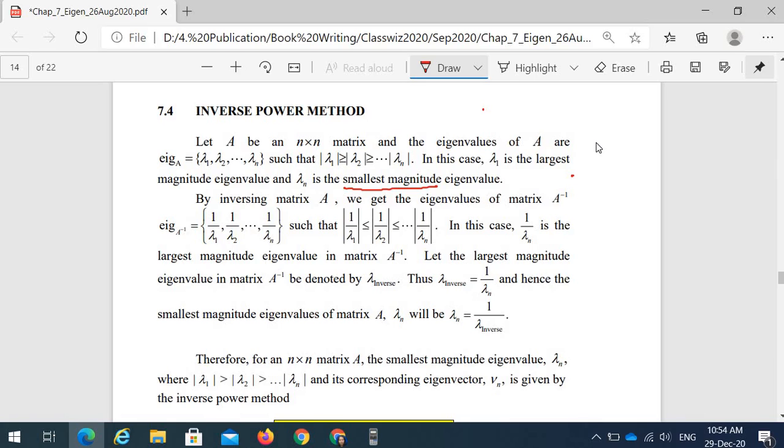Let A be an n by n matrix. If we have n by n, then we have n eigenvalues, labeled lambda 1, lambda 2, up to lambda n, such that the magnitude of lambda 1 is greater than the magnitude of lambda 2, greater than the magnitude of lambda n.